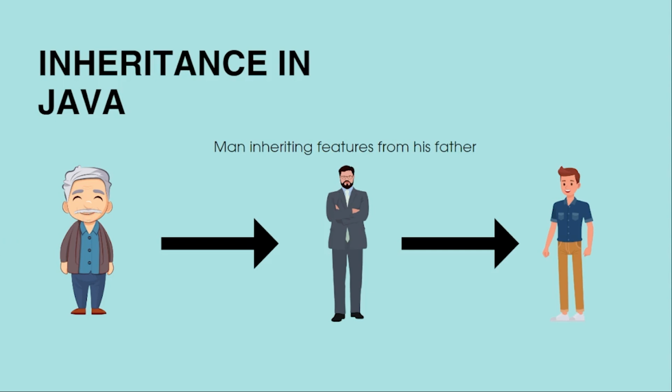Let's break this down into a single person. Let's take the grandfather. The grandfather represents the base of our family hierarchy. He has certain traits and behaviors that he can pass down to his descendants. For instance, he might be wise and have a wealth of knowledge to share.